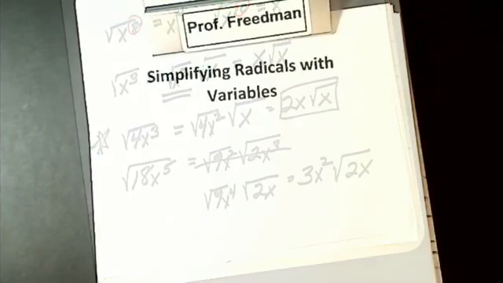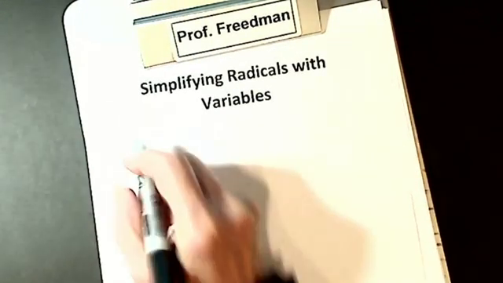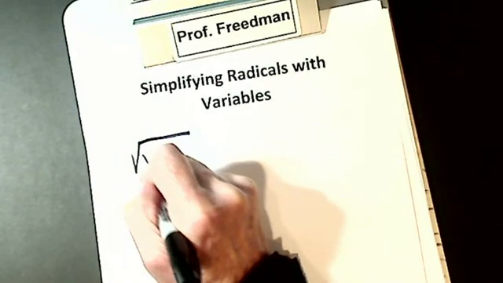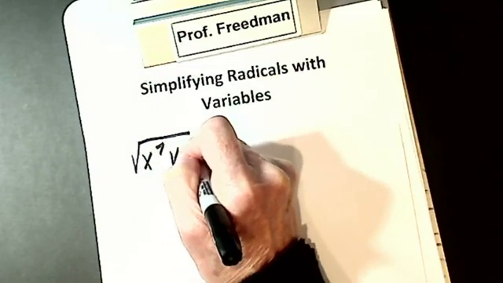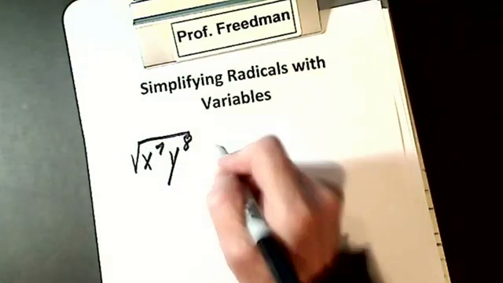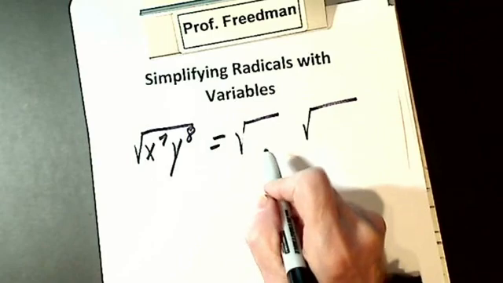So we're going to do a couple more. So let's say I have a bigger one. We're just going to add another letter. Let's say I have x to the 7th, y to the 8th. And I want to simplify it. So the process is the same. I break it down.